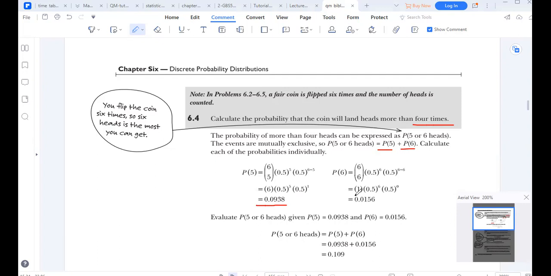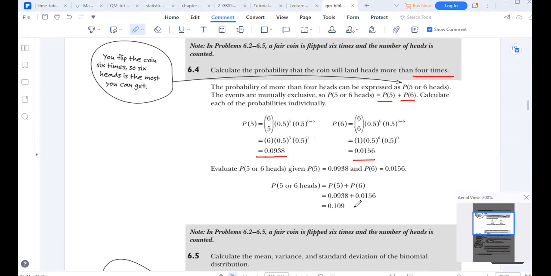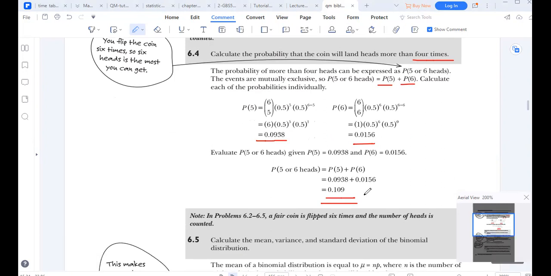All right? And 6 minus 6 is 0, so we get this. Then we add the 2. We get 0.09 and 0.015. Then we add them, get 0.109. So this is how we find our probability of more than 4 heads. At least 4, you'd have started from 4 going upwards.